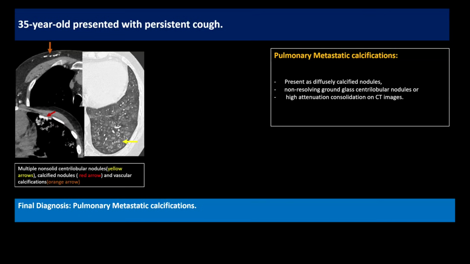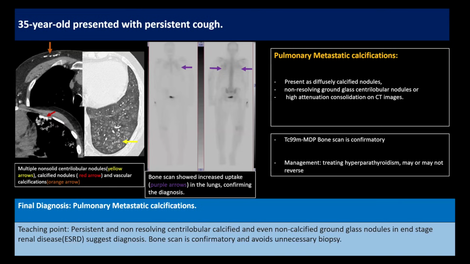One has to remember that even if the nodules are not calcified, you can easily obtain the diagnosis using a bone scan, which will show increased uptake in the lungs, even if the nodules are not calcified. The management consists of treating the hypoparathyroidism, which may or may not reverse the condition.